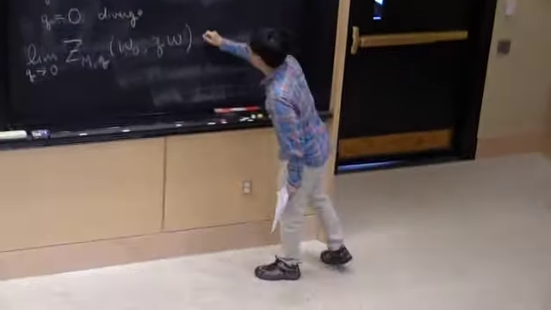And we can write down what the limit is. As Q goes to 0, the only monomials that survive in the limit are the subsets whose cardinality is exactly equal to their rank.